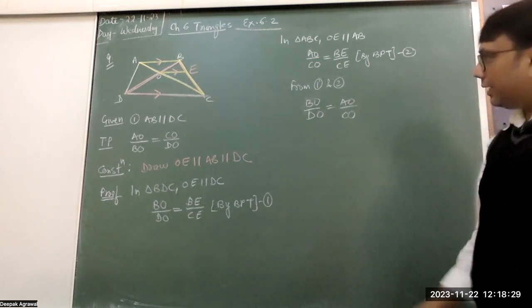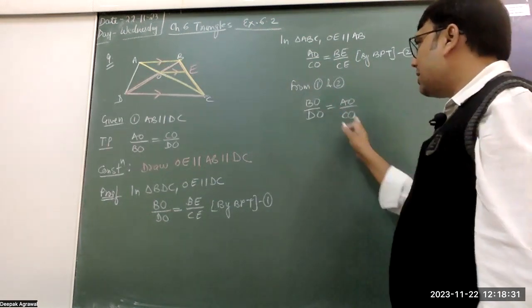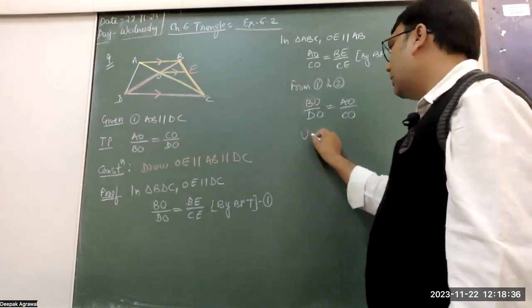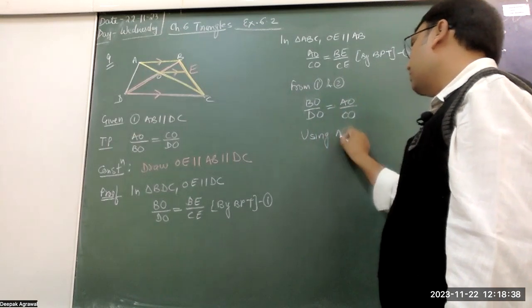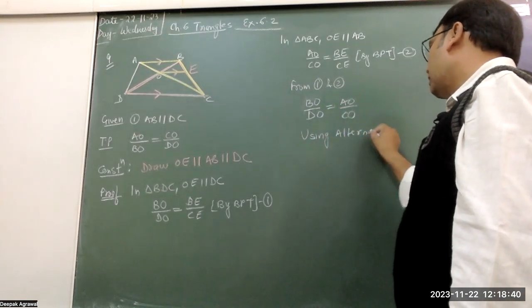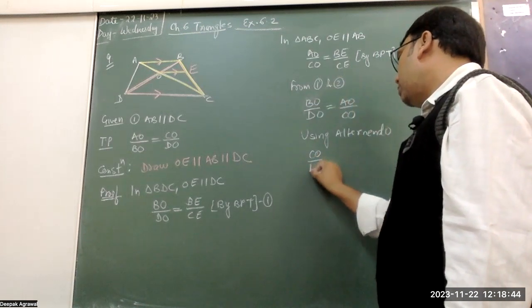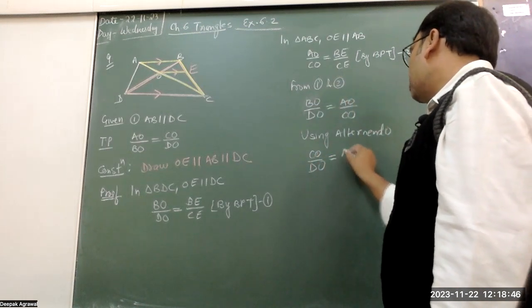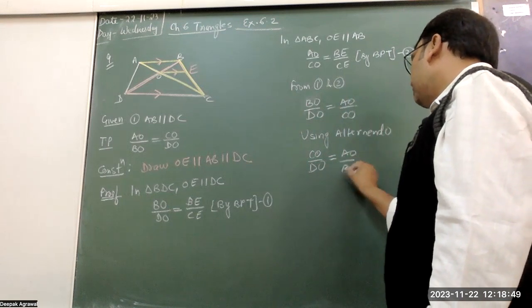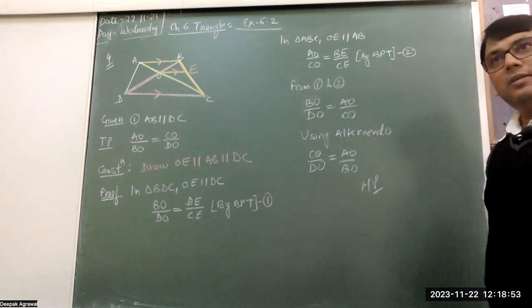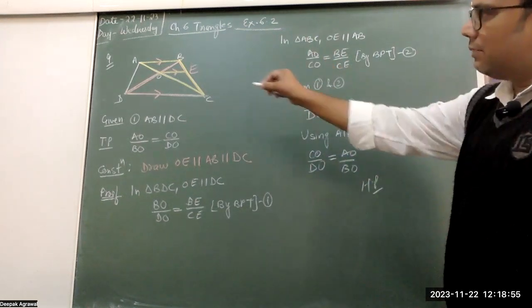So what do I have to do to get that? I need to exchange this pair of terms. So using alternando, CO upon DO is equal to AO upon BO. Hence proved.